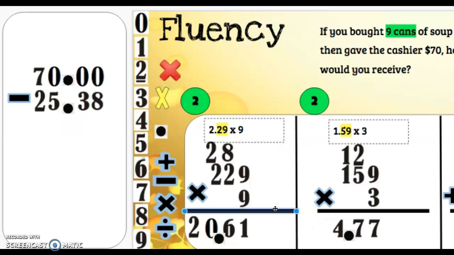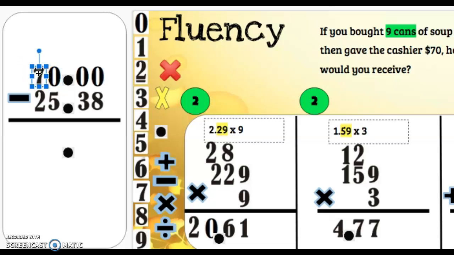Okay. So now we put our line down. Now we begin to subtract. Drop our decimal point straight on down. 0 minus 8, I can't do. I can't take from this 0. I can't take from this 0.